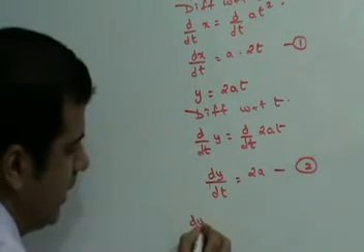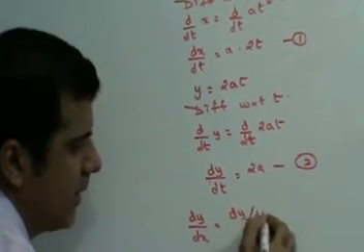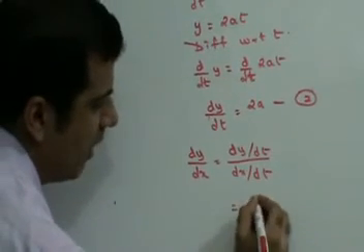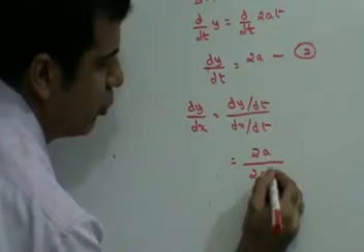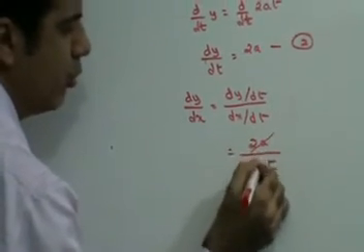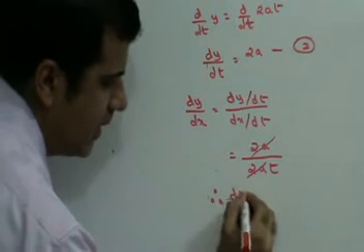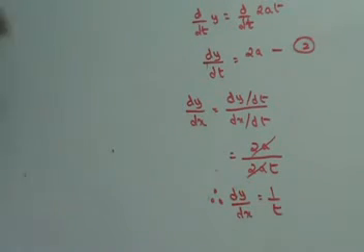Now I can say that dy by dx is nothing but dy by dt upon dx by dt. Now dy by dt is 2a, dx by dt is 2at. 2a and 2a gets cancelled. Therefore I get dy by dx is equal to 1 upon t.